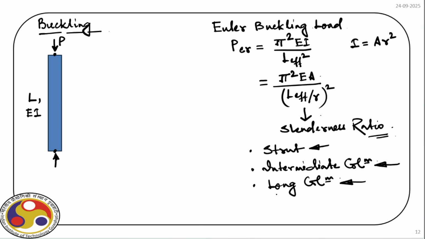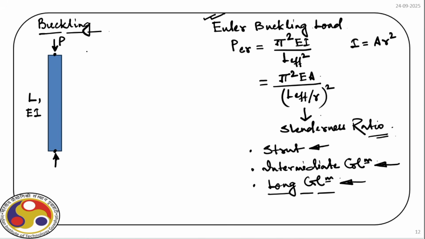Now obviously in this course we are mostly worried of long column where it fails due to buckling, and for that we have derived the Euler's formula. Now what are the assumptions behind this Euler's formula? Let us discuss that first, and then we will quickly go through the different other boundary conditions that I asked you to derive the critical load at your end, and then we'll quickly go through the deformed shape.